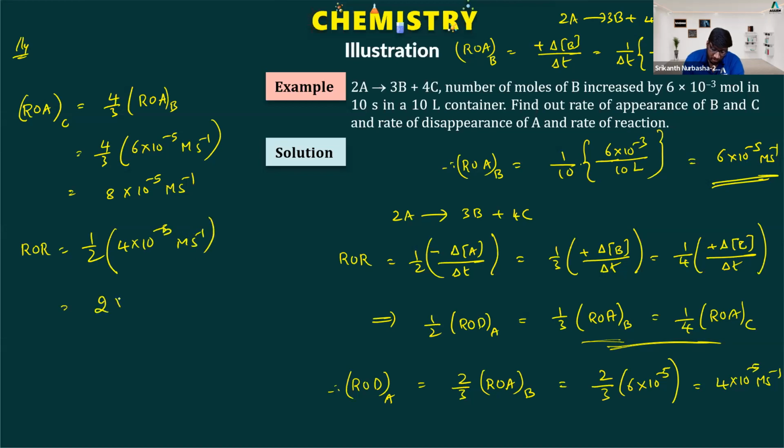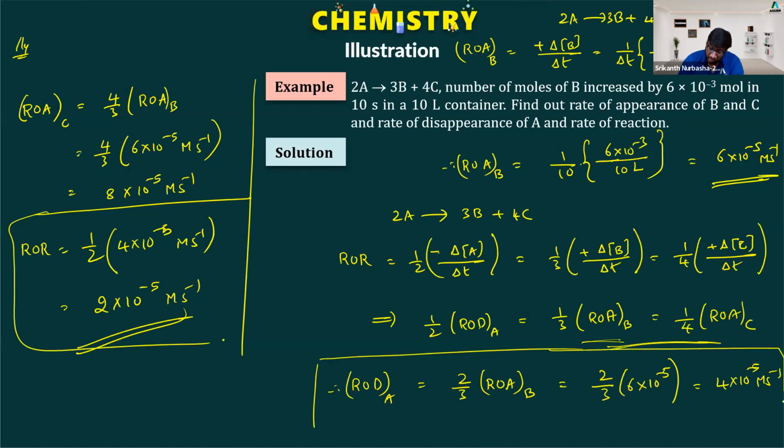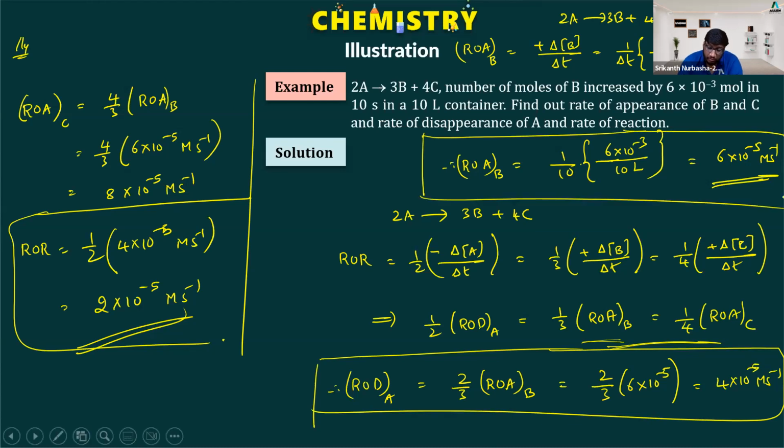So rate of reaction is 2 into 10 power minus 5 molar second inverse. This is rate of appearance of C. This is rate of reaction. Rate of disappearance of A. This is rate of appearance of B. Everything we have reported or not?